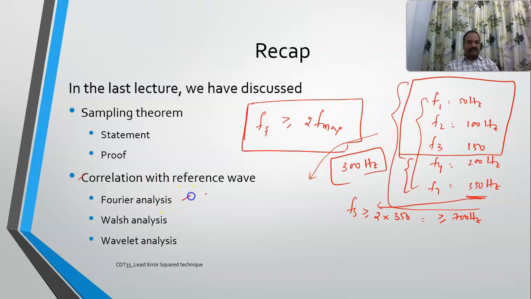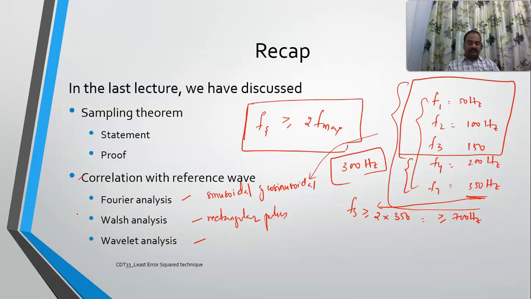In Fourier analysis, we take sinusoidal and cosinusoidal signals. In Walsh analysis, we take rectangular pulses. And Walsh analysis is not extensively employed now.